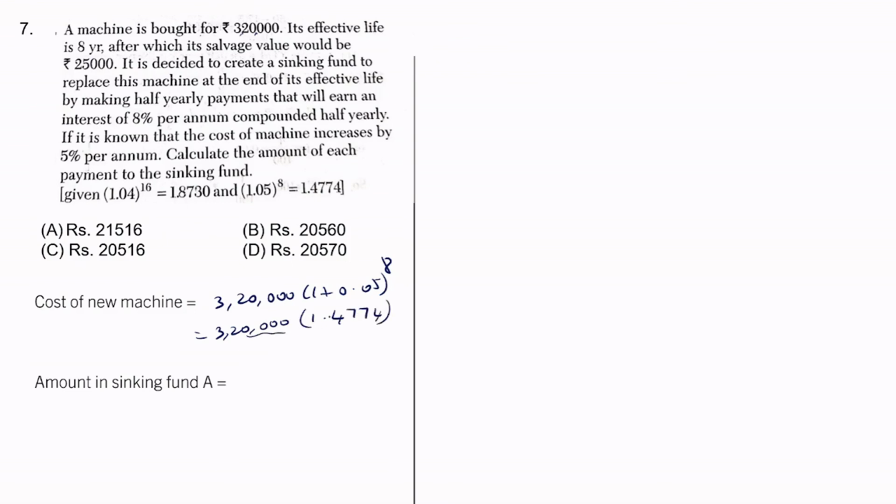So if we remove these 4 zeros, this decimal place will go 4 places to the right. So it is 14774 into 32. So this is equal to 472768.